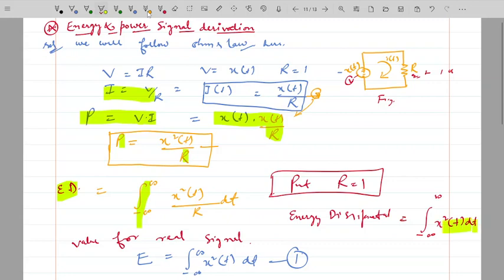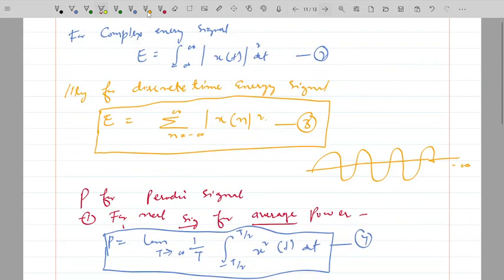And there are three equations for the energy signals. This is the energy signal E, where E is the integral from minus infinity to infinity of x squared t dt. For the second, a complex energy signal, E is equal to the integral from minus infinity to infinity of the magnitude of x of t, whole squared, dt.